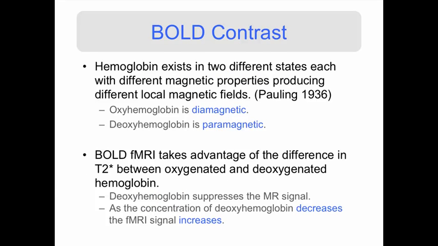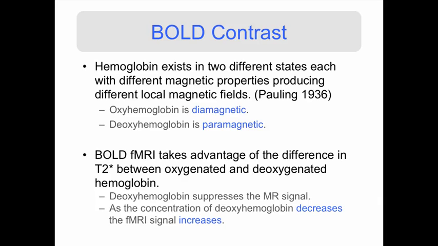The reason we can do this in an MR scanner is that hemoglobin exists in 2 different states, each with different magnetic properties, and therefore each producing different local magnetic fields. This is a result due to Linus Pauling already in 1936. Oxyhemoglobin is diamagnetic, while deoxyhemoglobin is paramagnetic.